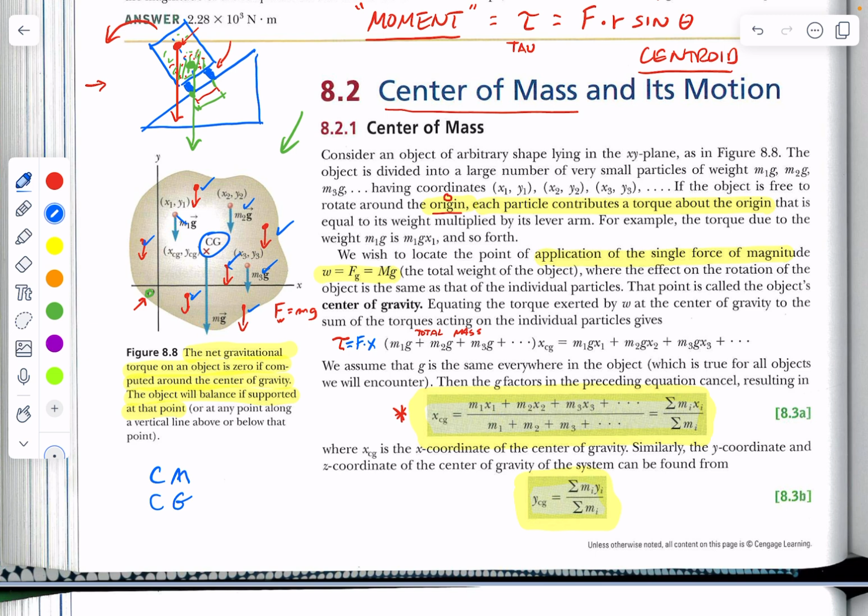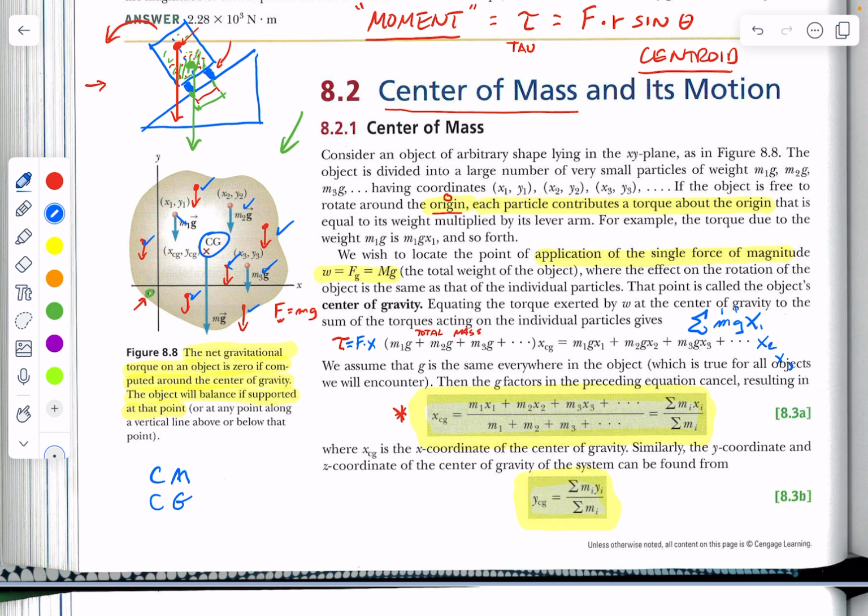So we would like to find what one single torque will accomplish the same thing as the summation of all of my torques. All the masses would be the same, gravity would be the same, but we would have x1, x2, x3, all the way up to billions and billions of positions.